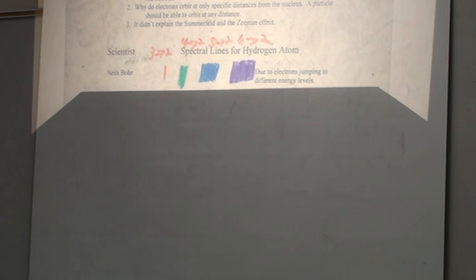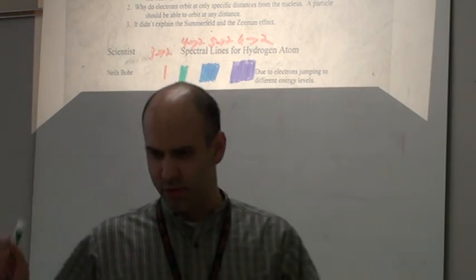And there are actually different thicknesses of those lines. You may not have noticed it because our spectroscopes aren't all that great. But they actually have different thicknesses.